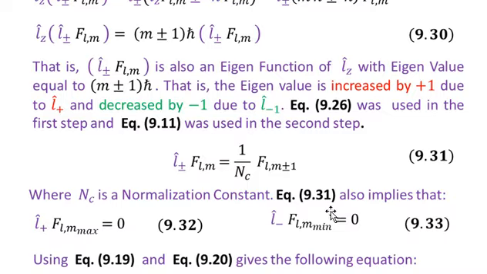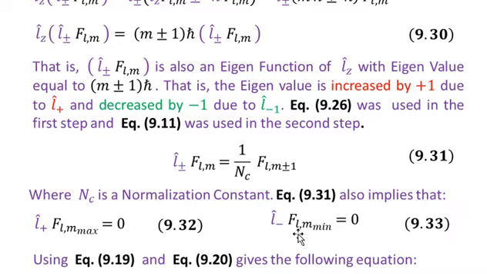So equation number 31 also implies that L plus operating on F L M max, that is, if you have gone to the maximum value of the magnetic quantum number, m max, and if you multiply such a wave function by the raising operator, that will produce zero on the right-hand side as shown in equation number 32, because there is no state above the m max state.